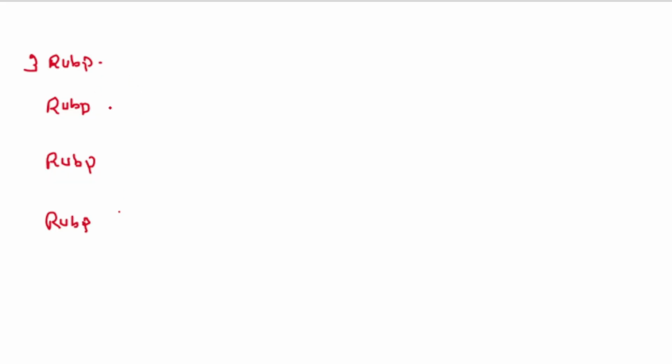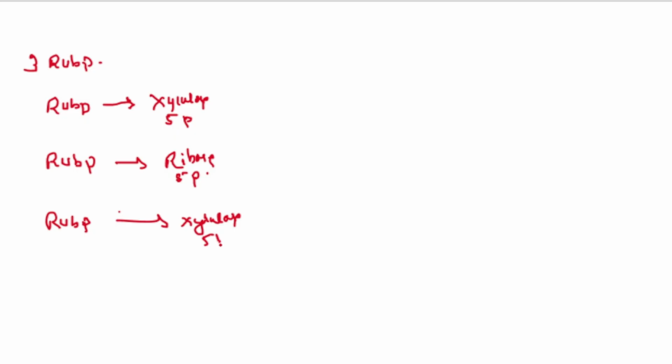From one RuBP we are synthesizing xylulose 5-phosphate, and from another one we are synthesizing ribose 5-phosphate. From another one there is synthesis of xylulose 5-phosphate, and xylulose 5-phosphate and ribose 5-phosphate are epimers.